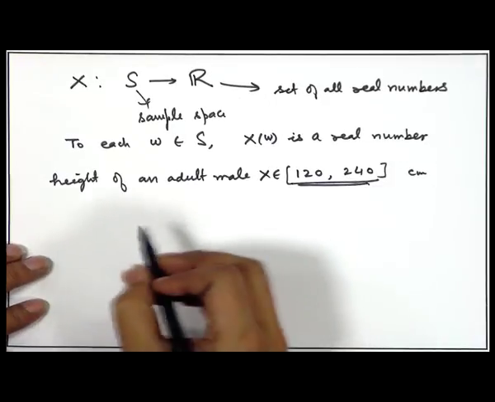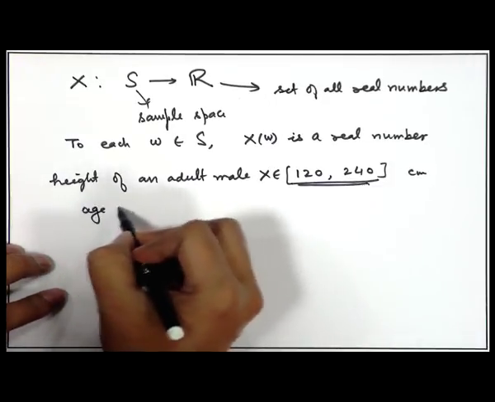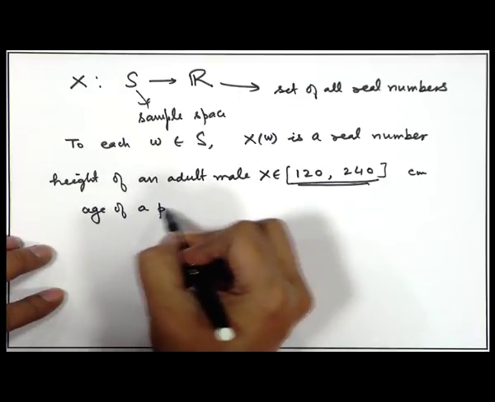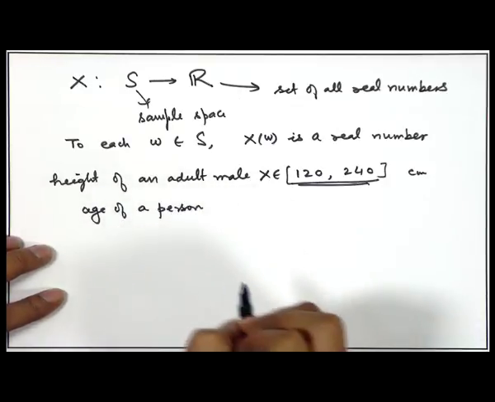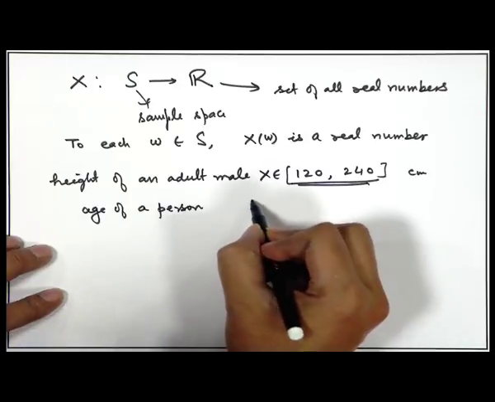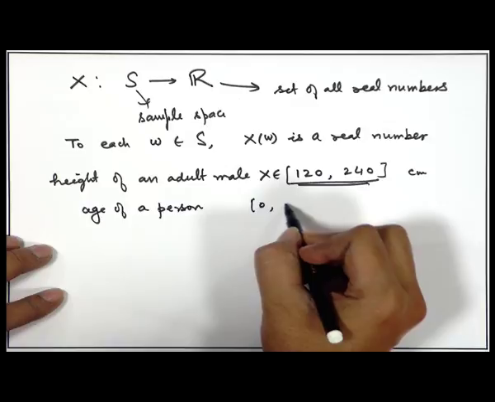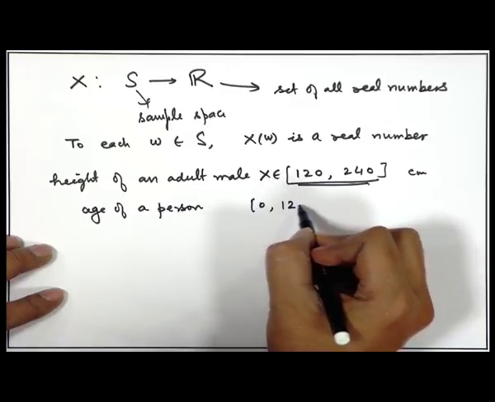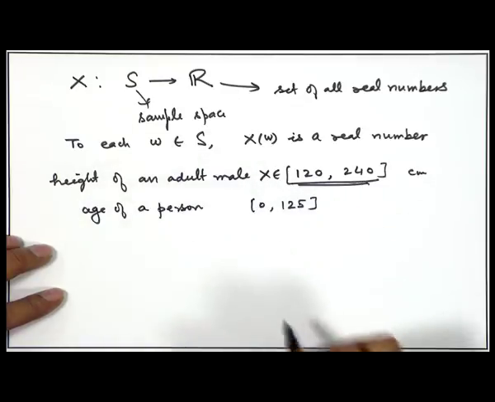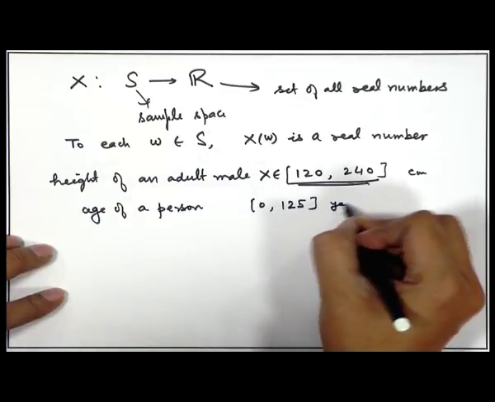Suppose I consider age of a person. So, age of a person can be from 0 to any. So, suppose I am considering in years. So, maybe the oldest known person may be maximum 120 years of age.